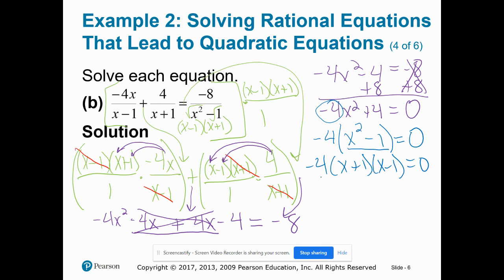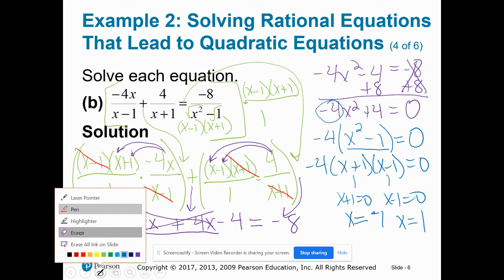We can't set negative 4 equal to 0. It doesn't work. It's not equal. So our only variables to solve for are these two. So we get x is equal to negative 1 and x is equal to positive 1.